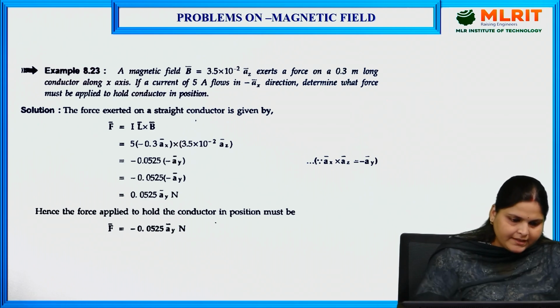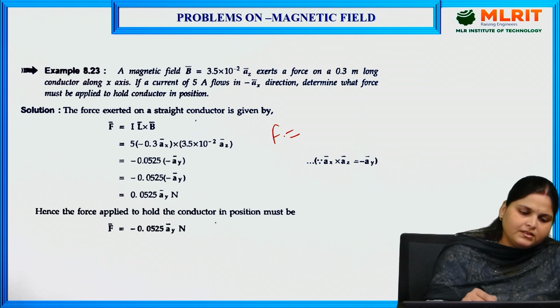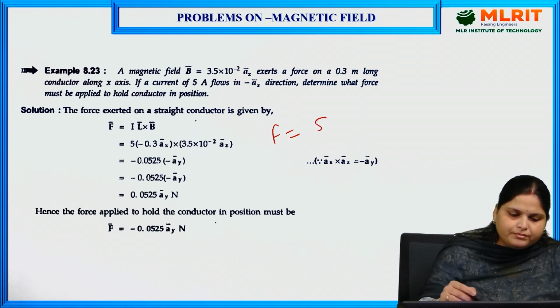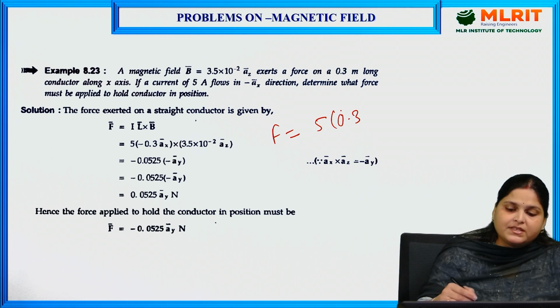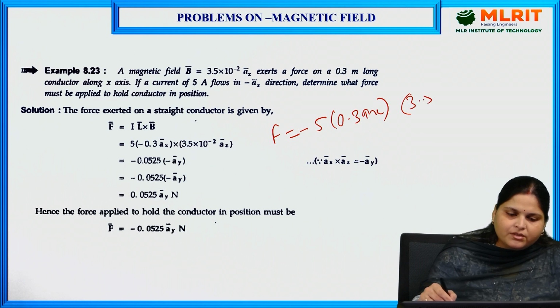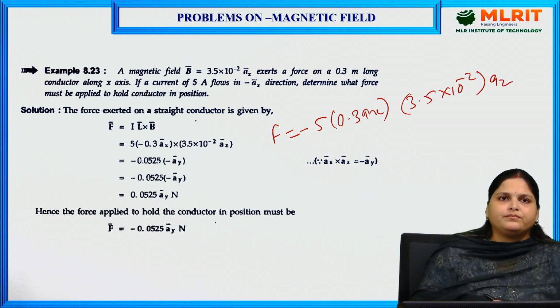So how do we write it? We will write I is equal to 5, L is equal to 0.3, and as we said the direction is negative ax, so minus ax, and B is given as 3.5 into 10 to the power minus 2 az, right?